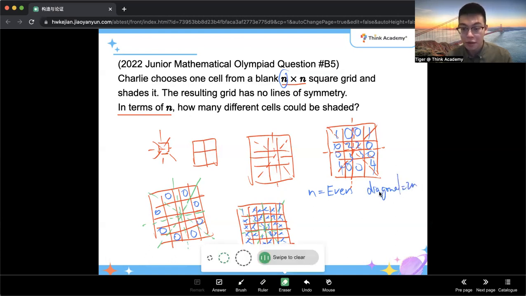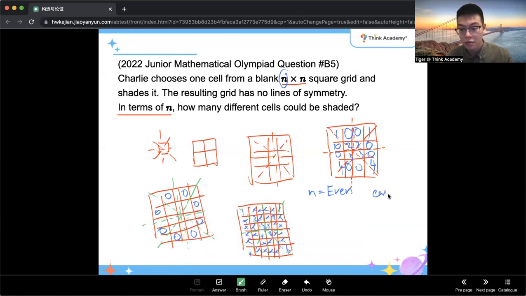The boxes I can't take is 2n. And how many squares are there in total? N squared. So how many different cells can be shaded? N squared take away 2n, or n times n take away 2, when n is even.